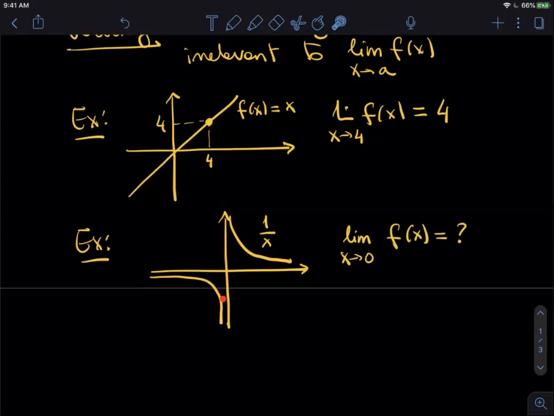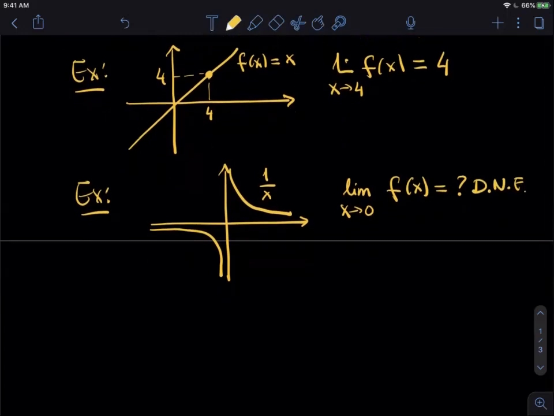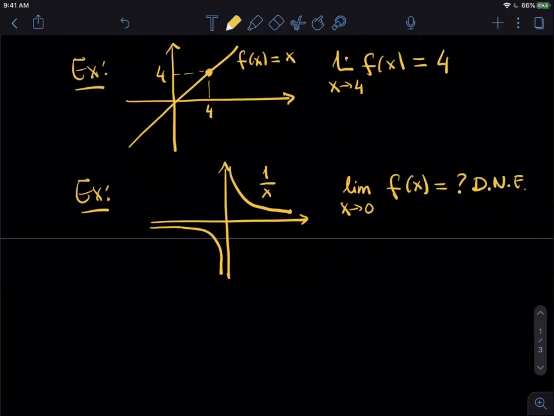The graph of the function is broken. So the limit does not exist, because they don't meet anywhere. They don't approach each other. This is what is called an asymptote.